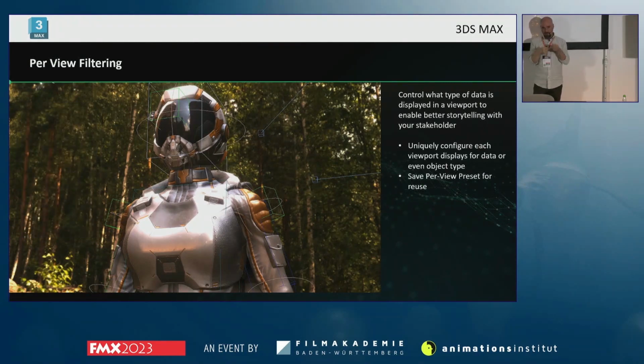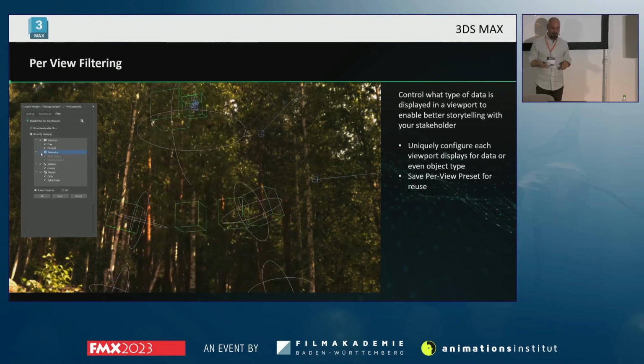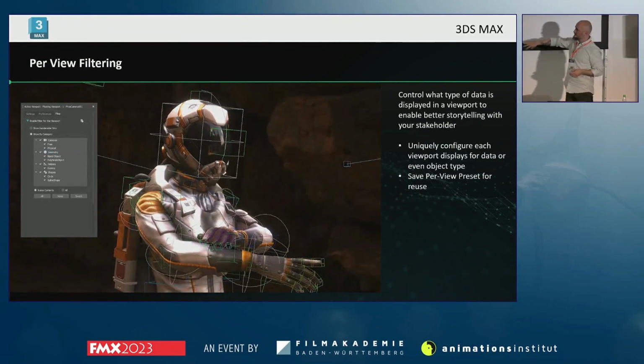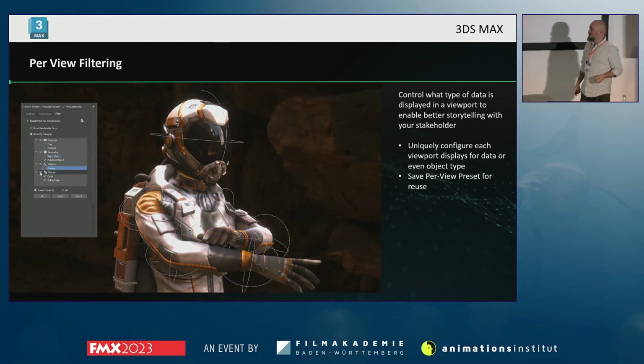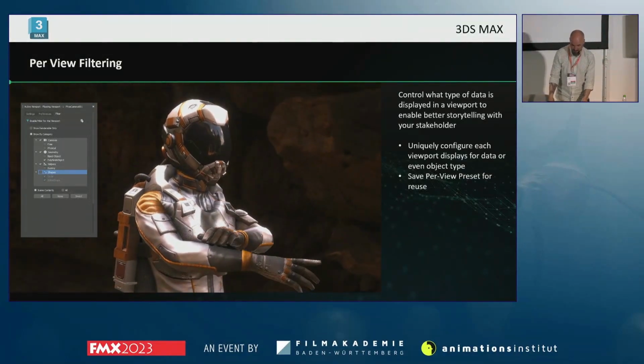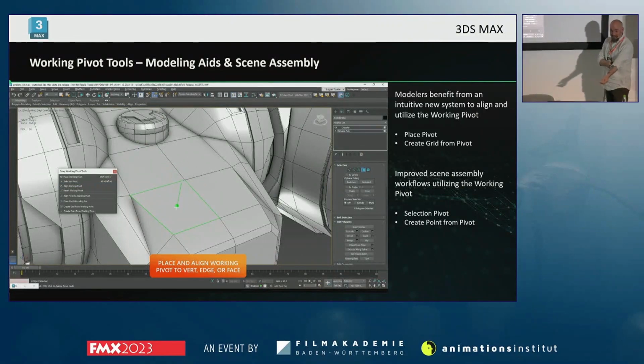You can create your own presets and say, okay, this is for my presentation mode, hiding the clutter of your gizmos and your dummies and your helper objects, or you want a modeling workflow where you hide a couple of other things as well, and you can just disable and enable those presets per viewport, per camera, per perspective view, and so on. Cool, and then that's my last usability tip.